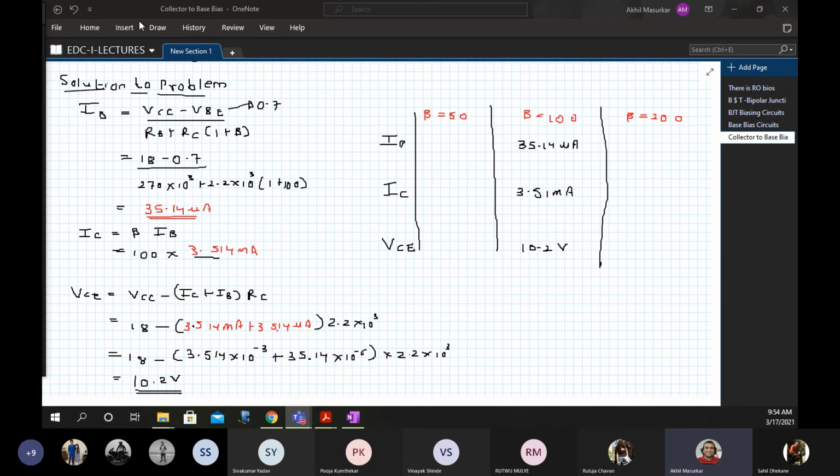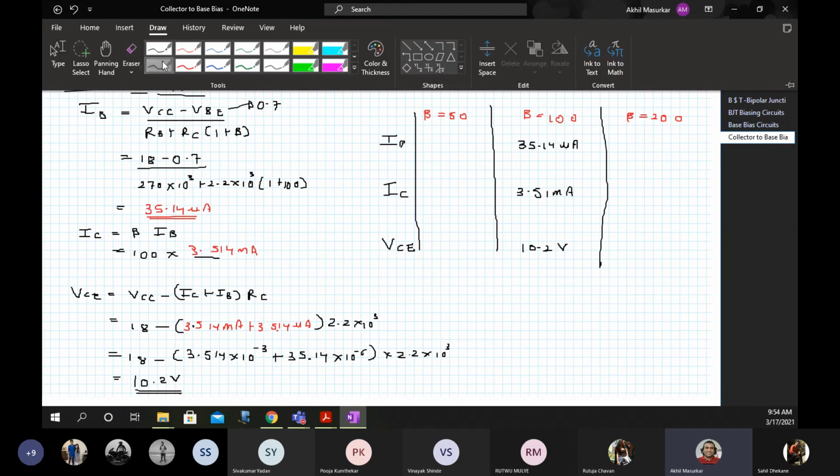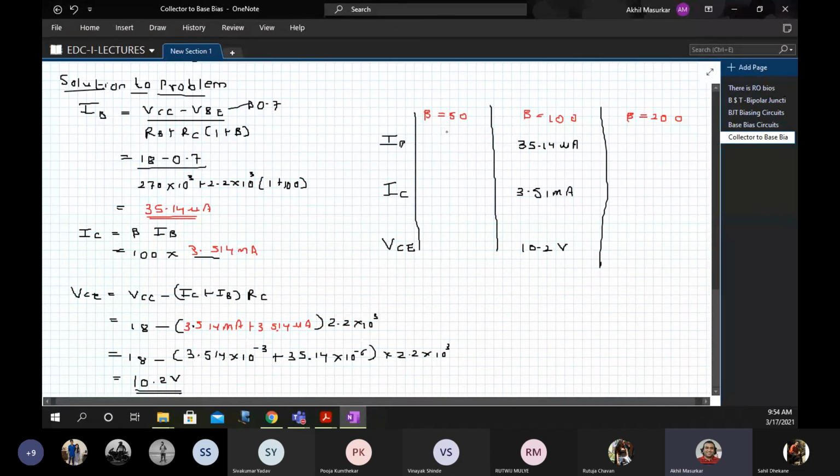So I'm writing the answers that I am getting. For beta equal to 50, this becomes 45.2 microamperes. This becomes 2.26 milliamperes, and VCE I'm getting 12.929.